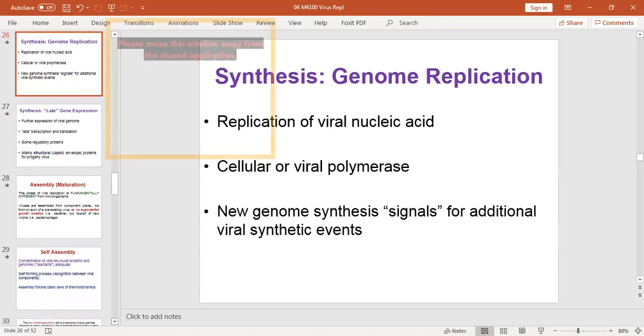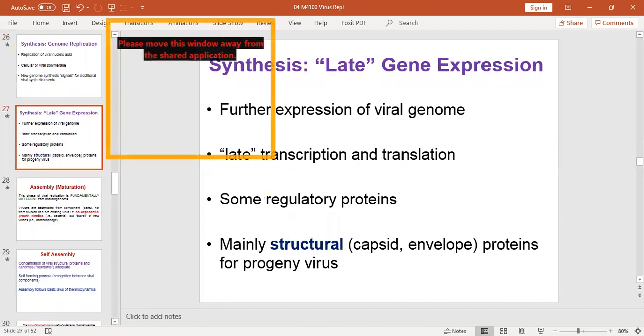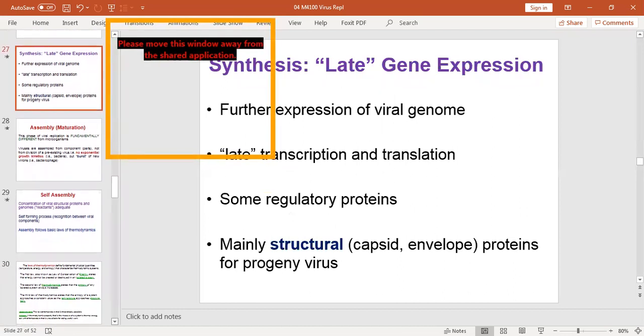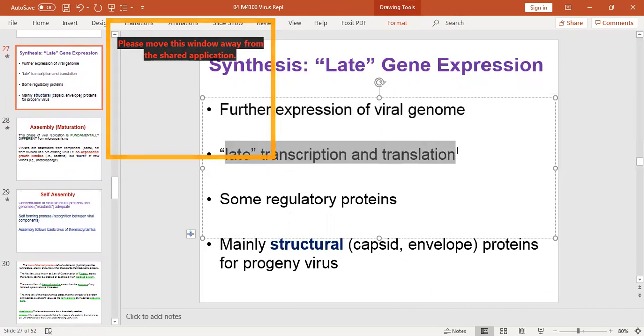And these additional viral synthetic events are basically called late gene expression, which is further expression of the viral genome resulting in late mRNA transcription and late mRNA translation.